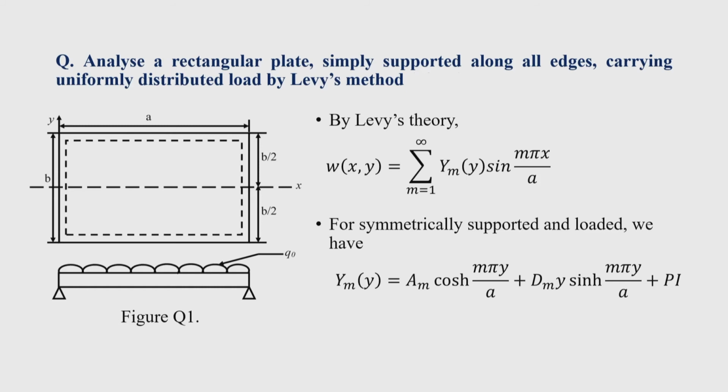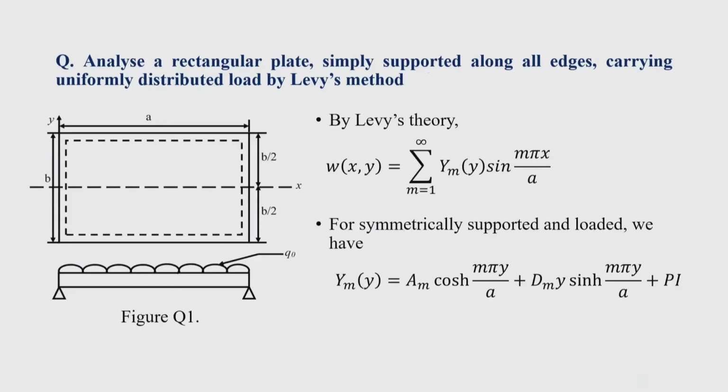The Lévy method is more general, that means when all 4 edges are simply supported, you can also use the Lévy method, but the Lévy method relaxes more boundary conditions, that means it is also applicable when the other 2 edges are differently supported. But one essential thing is that 2 opposite edges must be simply supported.